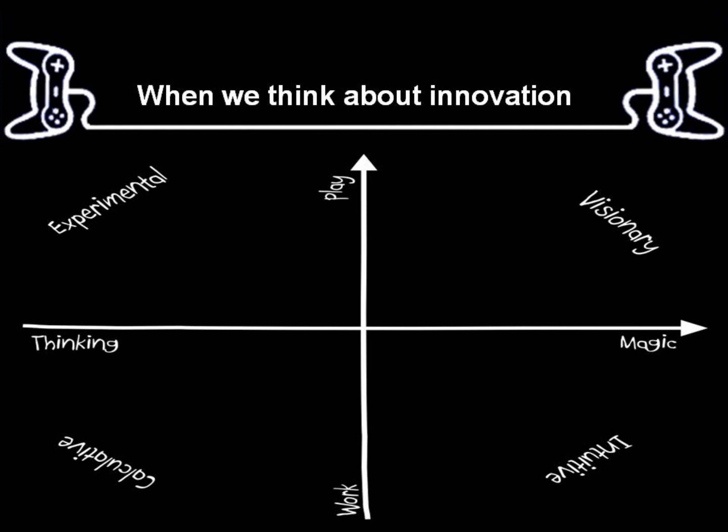We have two axes, one going from science to magic and the other from work to play. Crossing these two variables, we can achieve an experimental mind, a visionary mind, an inventive mind, and a calculative mind.